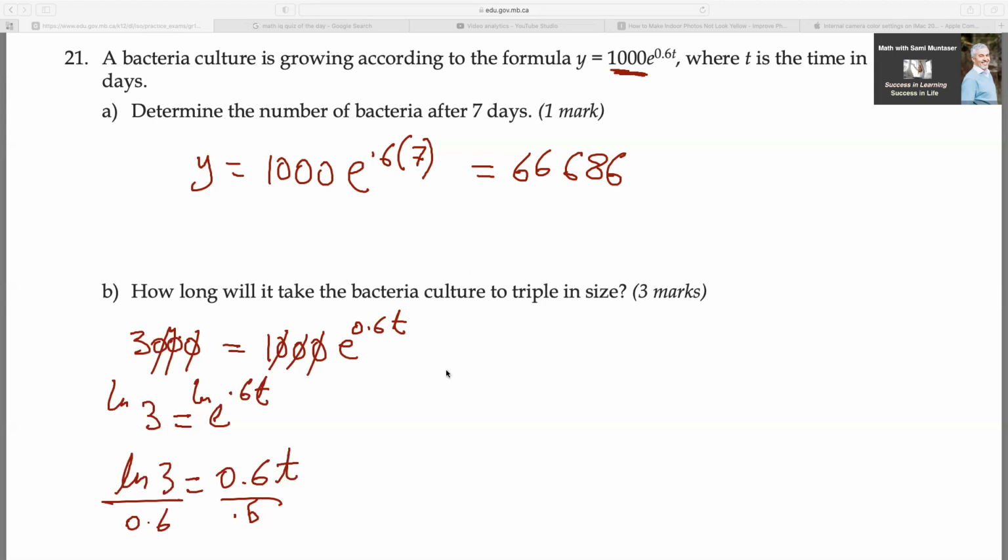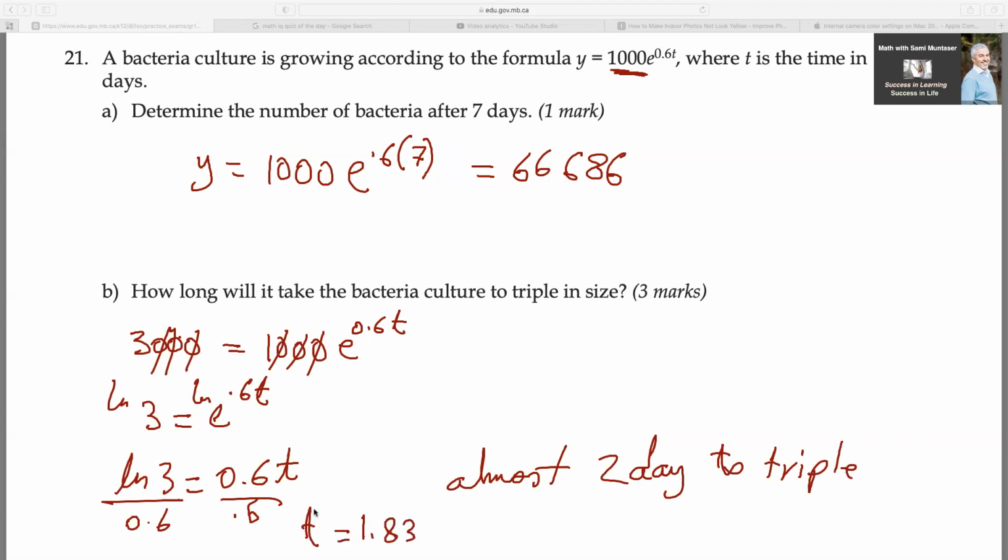So it will take 1.8 of a day, so almost 2 days, to triple. So t here equals 1.83.